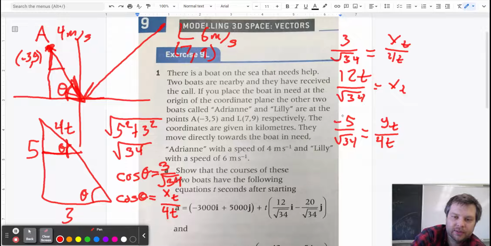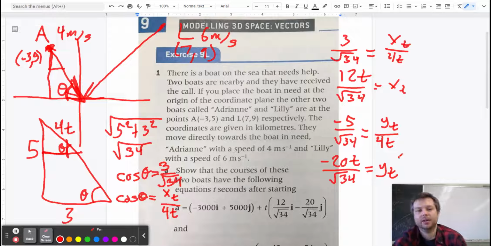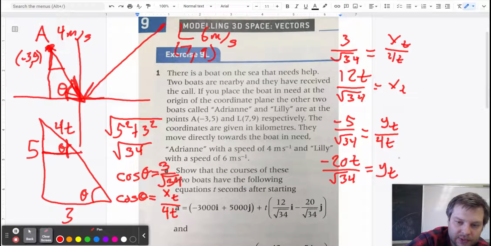We can put the negative on the 5, or you can put the negative on the y of t. Just keep in mind what direction we're moving in. Cross multiplying again gives negative 20t over root 34 equals y of t. I want you to notice that these two components line up with what was given to us right there.